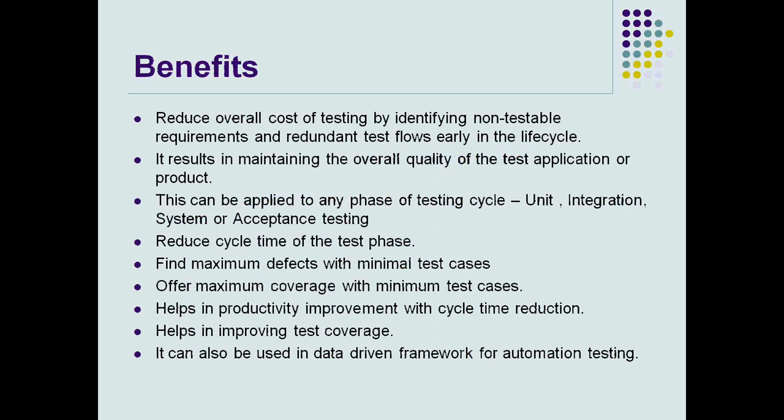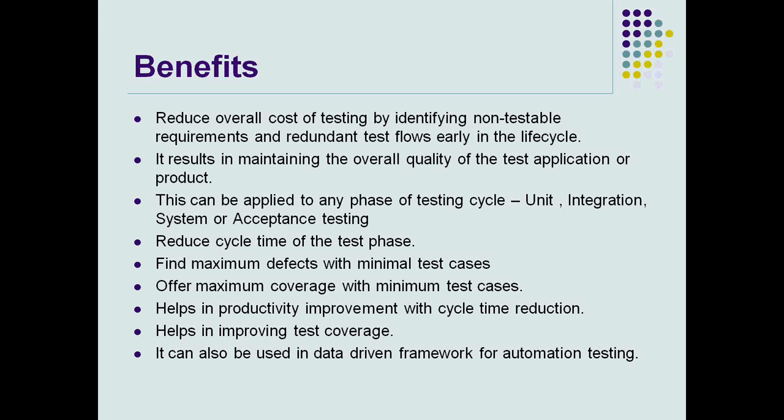Some benefits of the orthogonal array: it helps us in reducing the cost by identifying the non-testable requirements and the redundant test flows early in the cycle. This helps us to plan our testing efforts and our testing activity.